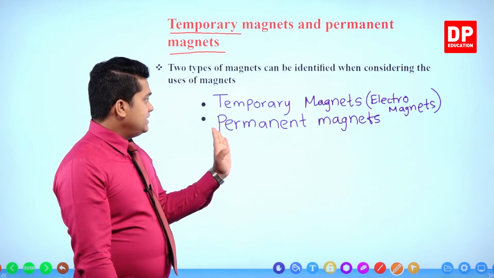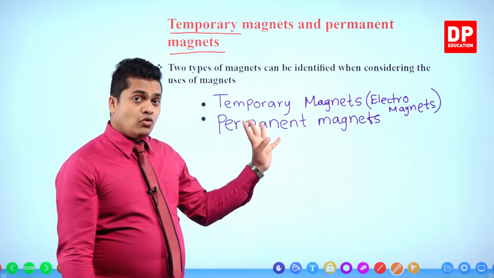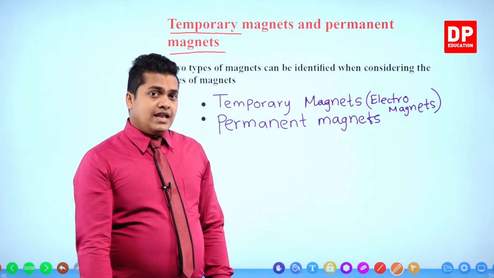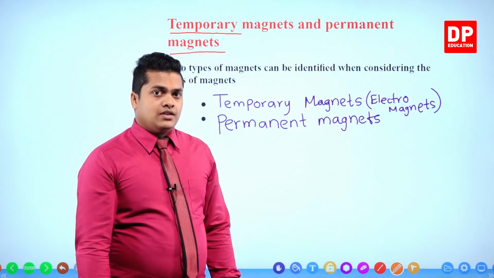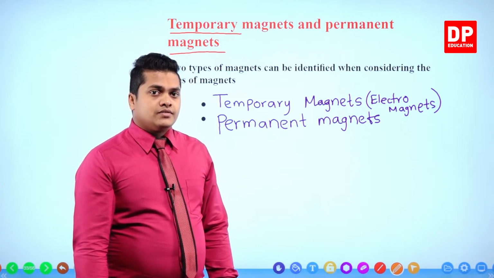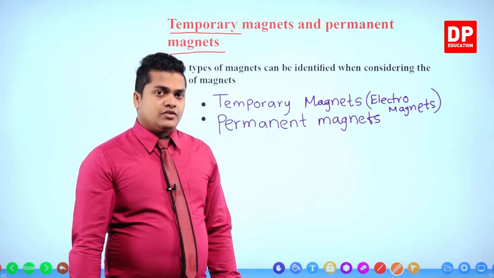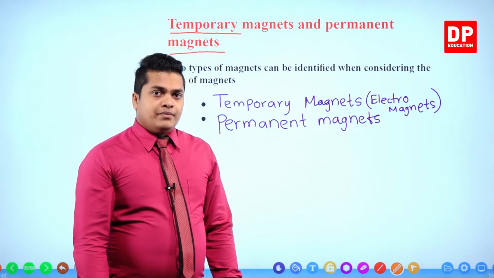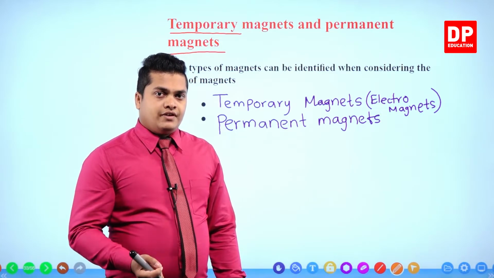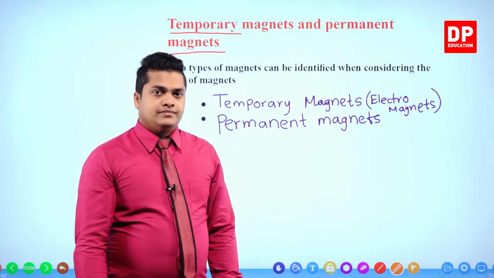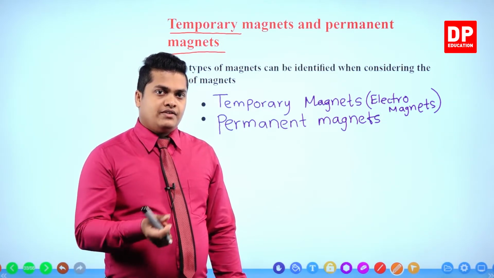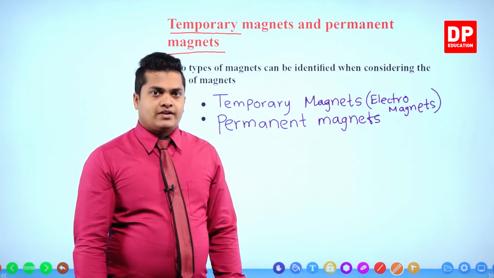Then the next one is the temporary magnets, which are called electromagnets most of the times, right? Temporary magnets have a magnetic field for a short time period. For a short time period, we can observe the magnetic power in a temporary magnet.